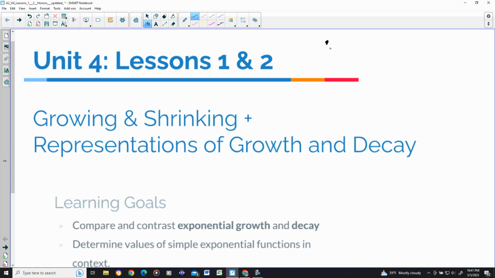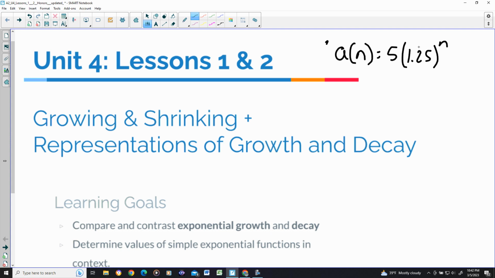We had a of n equals 5 times 1.25 to the n power. And sometimes we use n minus 1, depending on whether we started at 0 or we started at 1. So we're going to have a chat about that again as well. So that will come back.